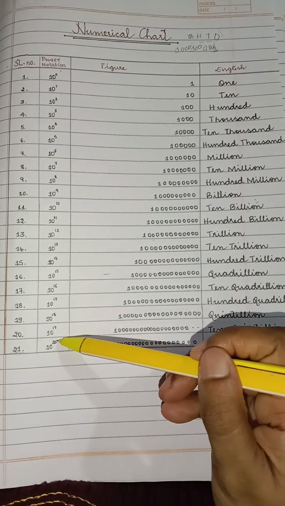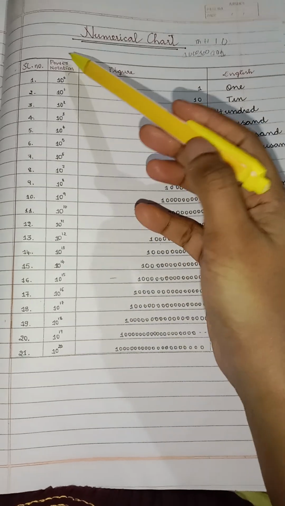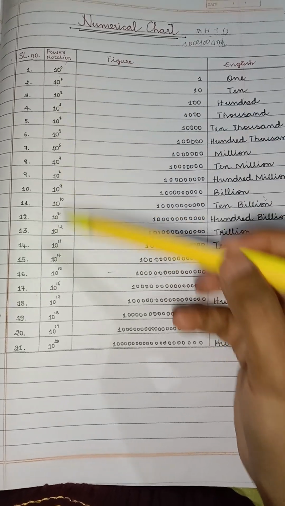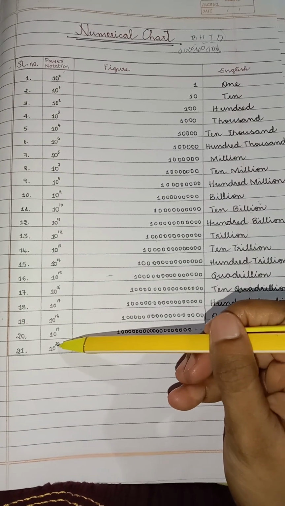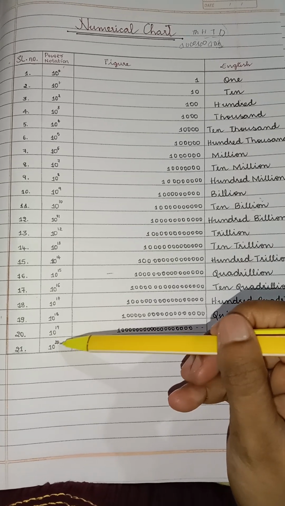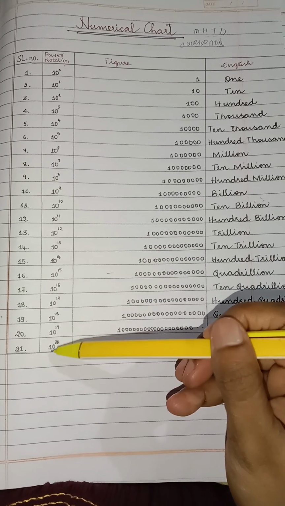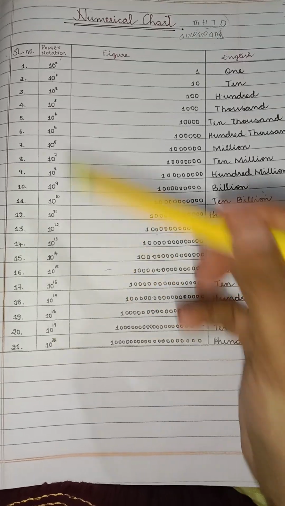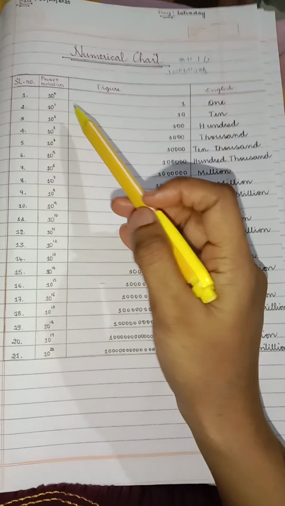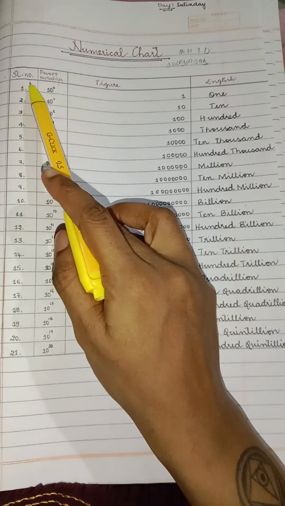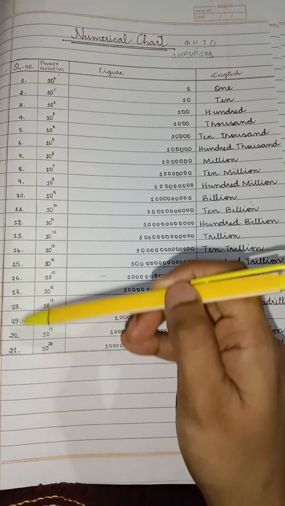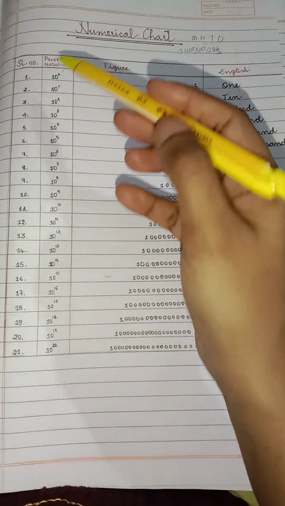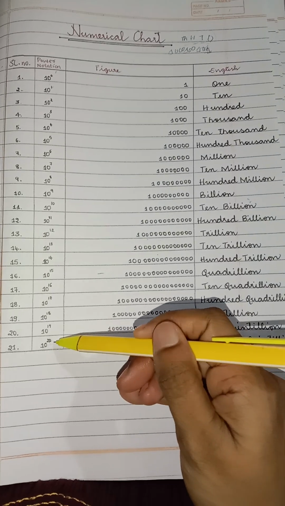Here you can observe for every 10 we have placed a certain number above the given decimal 10 number. This is called the power notation and this is called the number decimal 10, number 10. So we literally have 21 numbers with the power notation from 10 to the power of 0 up to 10 to the power of 20.